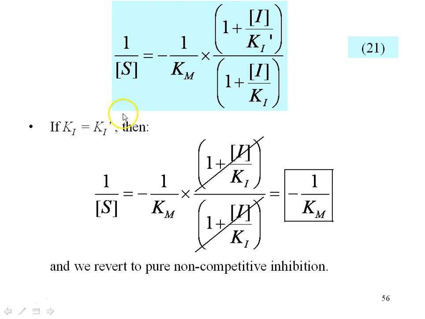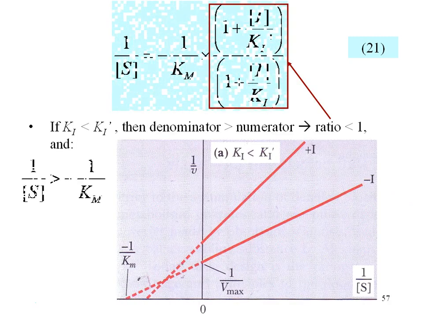So in this case, you can give one and the same symbol, since these are equal, and since Ki prime and Ki are equal now, so that cancels here, and the intercept in this case is just -1 over Km, which is the pure non-competitive inhibition model.